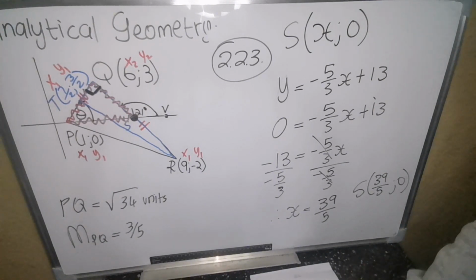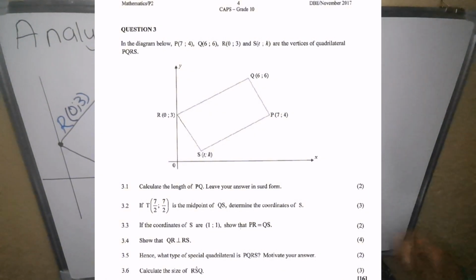Let's go to 2017. Yes, guys, we are back with the question paper 2017, question 3, analytical geometry. Question 3.1. Before that, I can read the statement here.